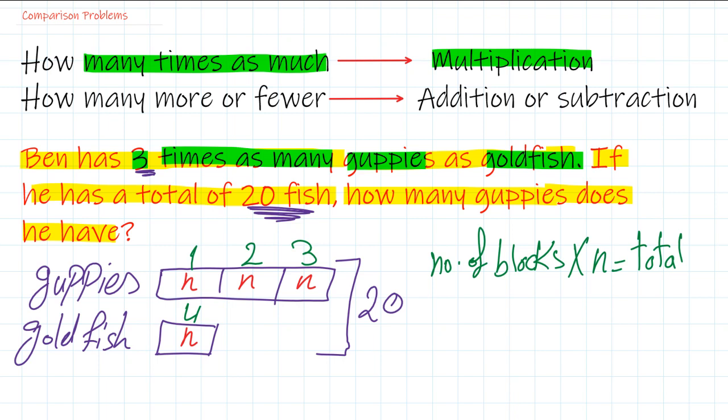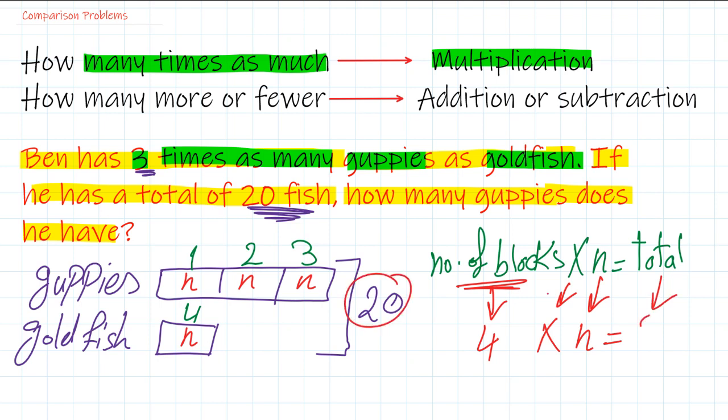We have 4 blocks, so write 4, put the multiplication sign and n, and the total is 20. So 4 multiplied by what equals 20? Of course, 4 multiplied by 5 equals 20. So the value of n equals 5.